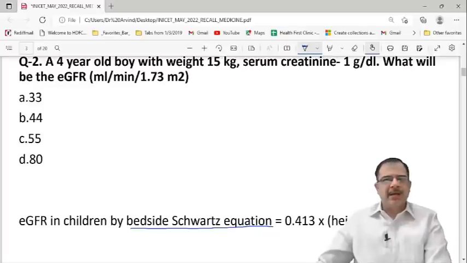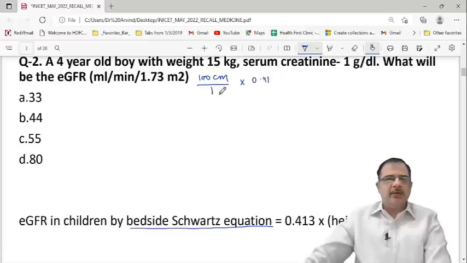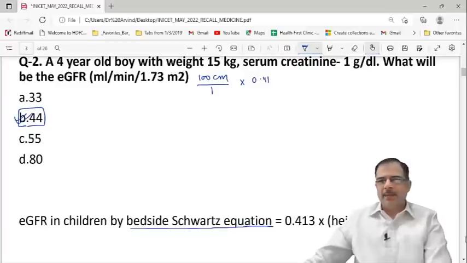So this is simple, height of the boy here, I think it is not written, but it was 100 centimeter. And creatinine is 1, so this will come out to be approximately 41. So the best nearest response is the B option here. Answer is B.